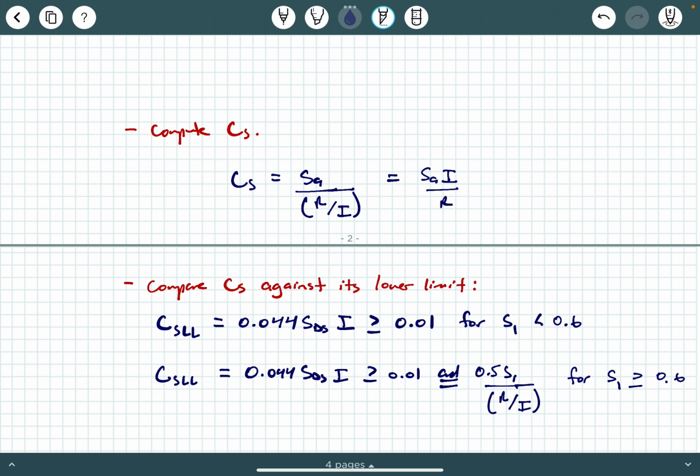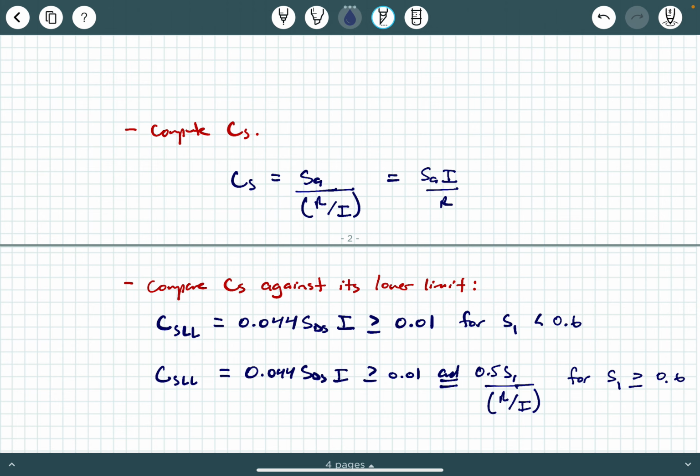If S1 is bigger than or equal to 0.6, then you fall into this other category. You have the 0.044 SDS I bigger than or equal to 0.01, and you also have to check this other option for the lower limit, 0.5 S1 over R over I. Again, there are a lot of inequalities here. If I were you, I would pause the video, write this down, and really think about it. Make sure you know what you're looking at here.